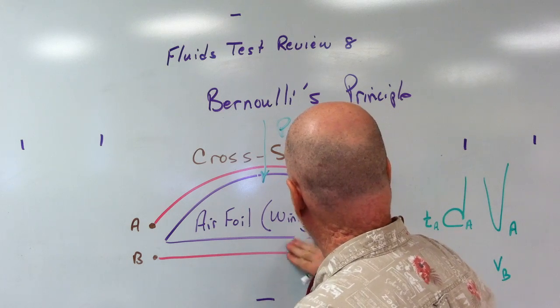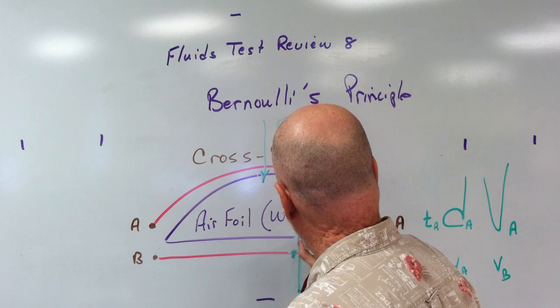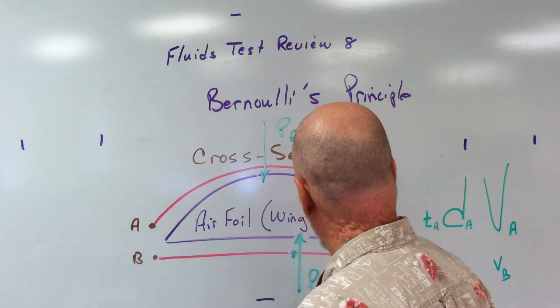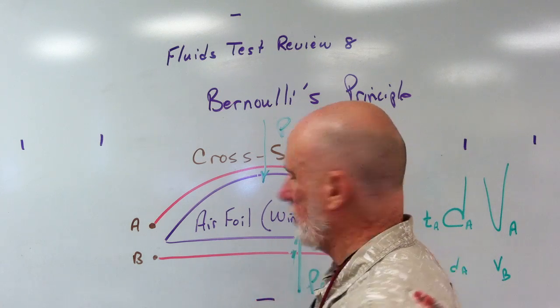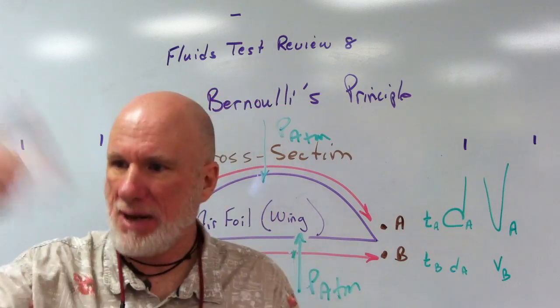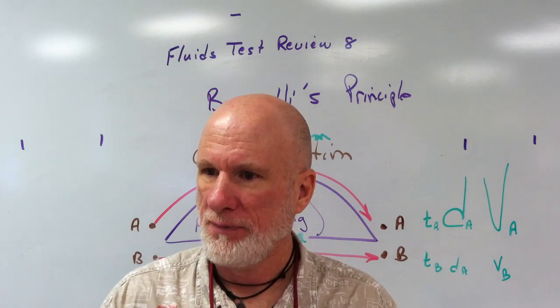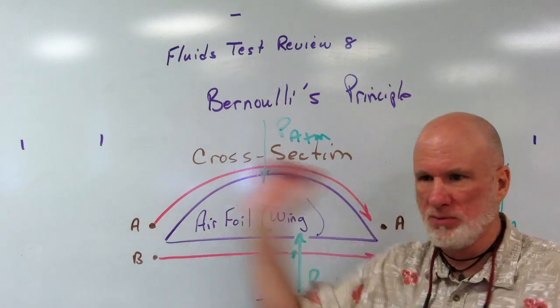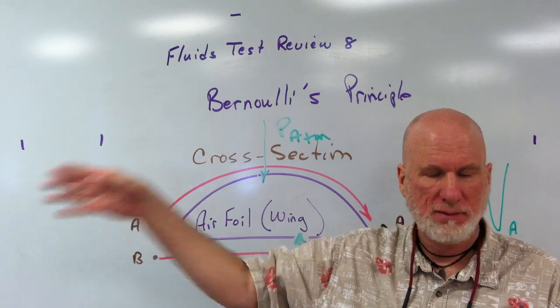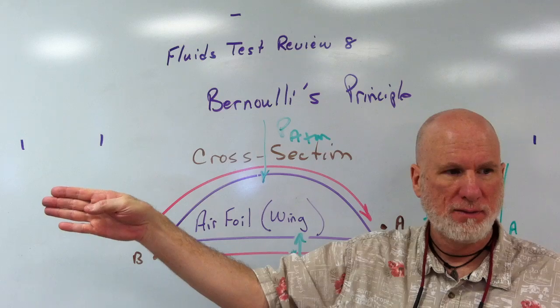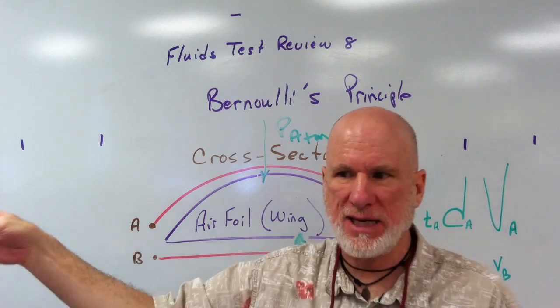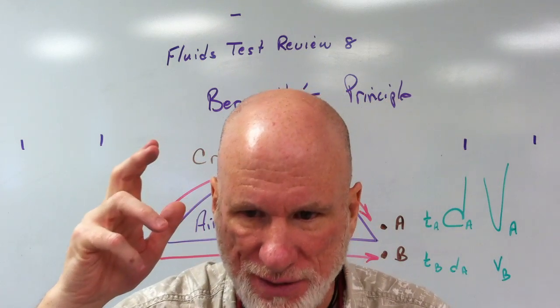So the atmospheric pressure would be the same on top and the bottom, right? Now, the wing is moving that way. Air is the fluid.